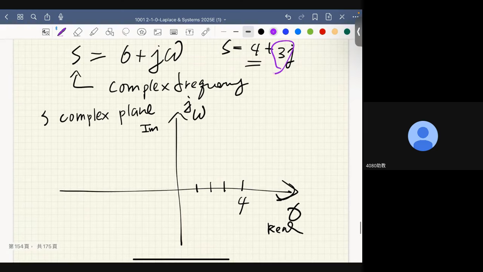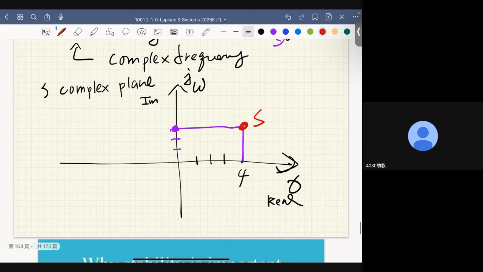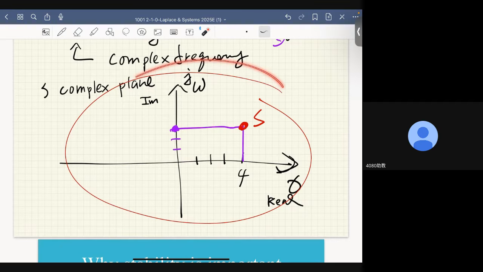Now, since this is 3, all I need to do is identify the point of 3 on the imaginary axis. And then here, this is S. So S can be represented in the complex plane. And this is what a complex plane of S looks like.